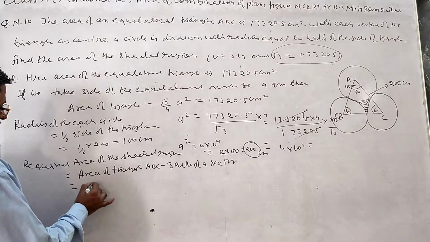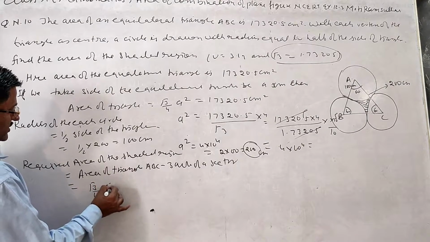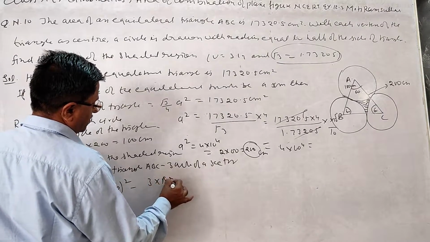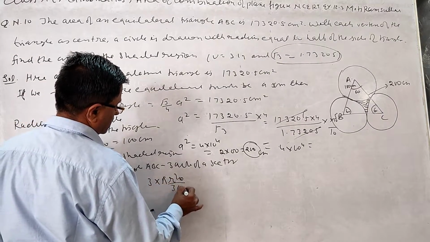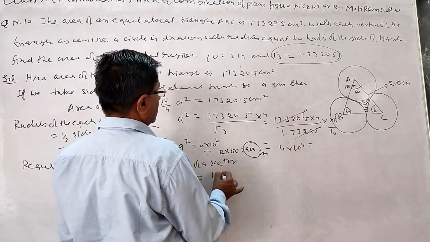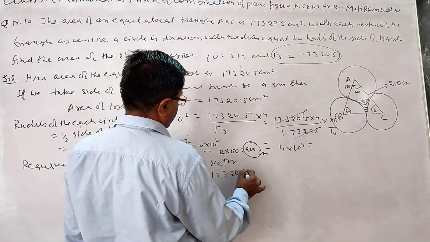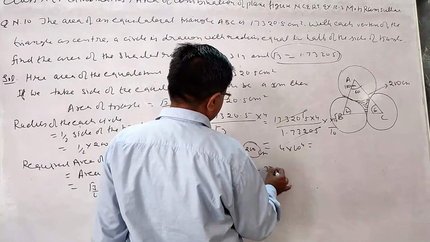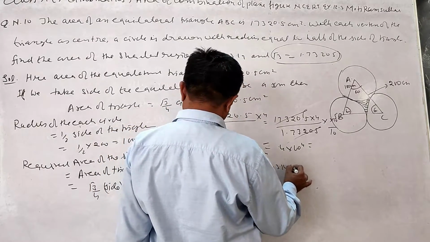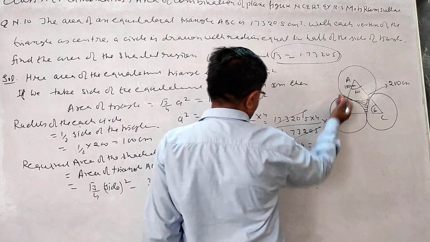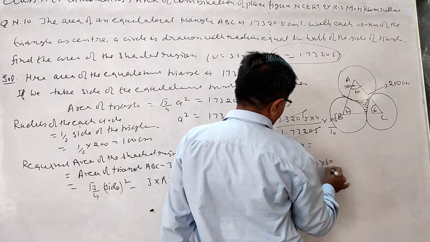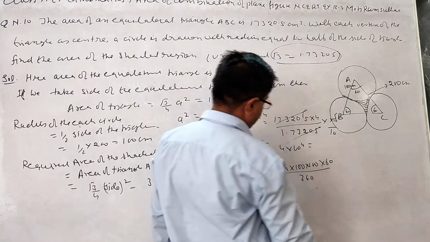So area of triangle is √3/4 side square, but here it is already given, and area of a sector is pi r square theta upon 360. So area of triangle that is already given. So this is 17320.5 minus 3 into, use pi as 3.14, into radius, that is 100 into 100, theta as it is an equilateral triangle, so it is 60 degree.